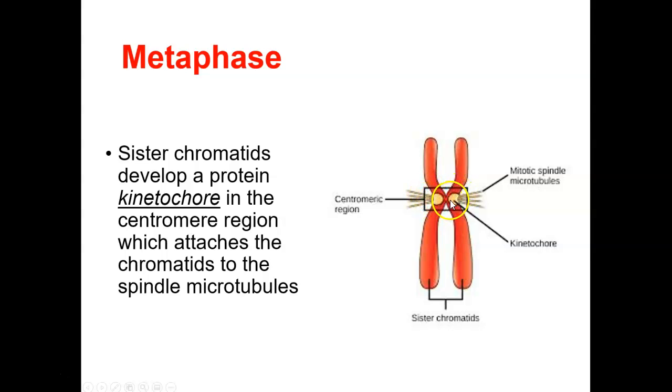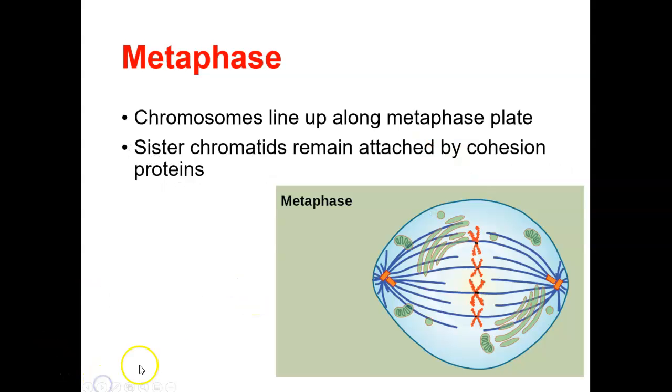In this centromere region of the chromosome, this is what is going to attach to each one of those spindle fibers, the clothesline. So during metaphase, in that centromeric region, that kinetochore is going to attach for each chromosome pair, each sister chromatid, onto a spindle fiber.